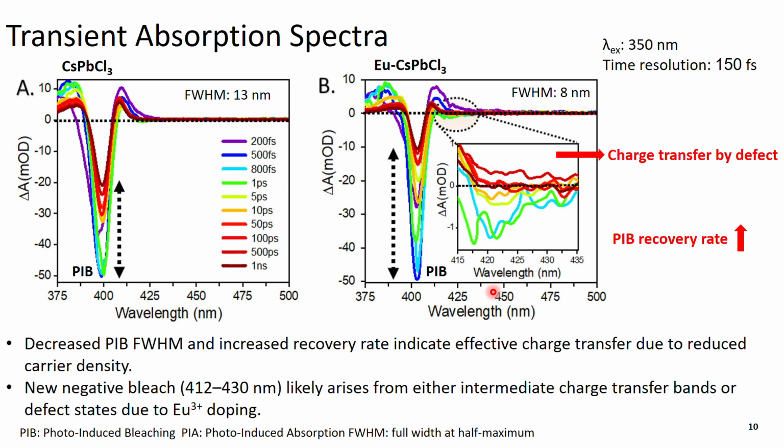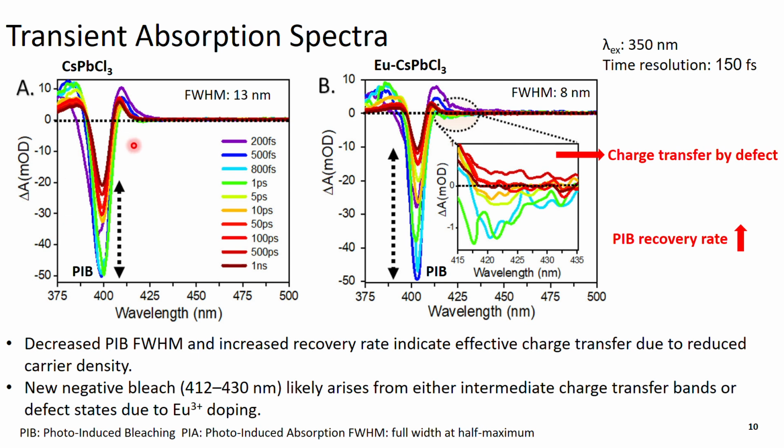So this page is the transient absorption spectra of two systems. This picture is from the cesium-lead trichloride, and this figure B is from the europium-doped cesium-lead trichloride nanocrystal. And we can see they have identical spectral characteristics, but they have some major changes.